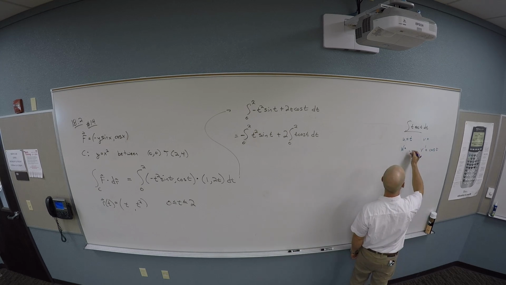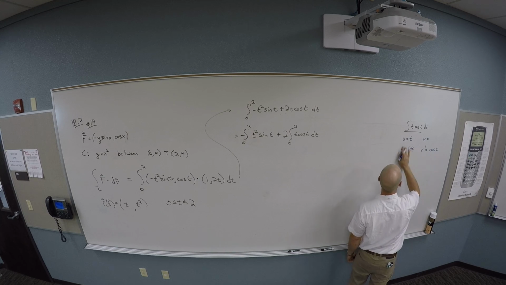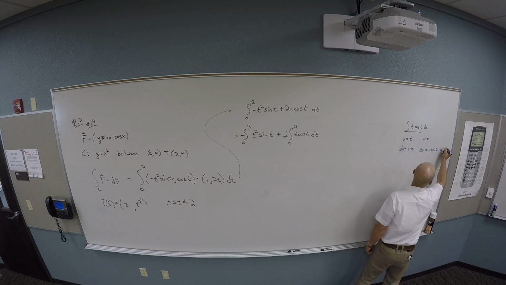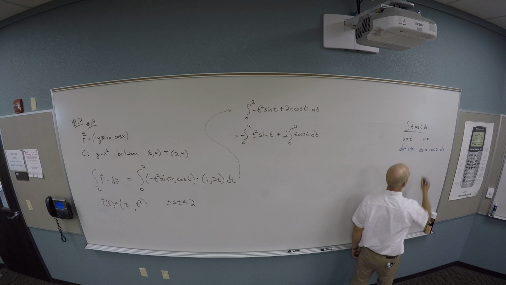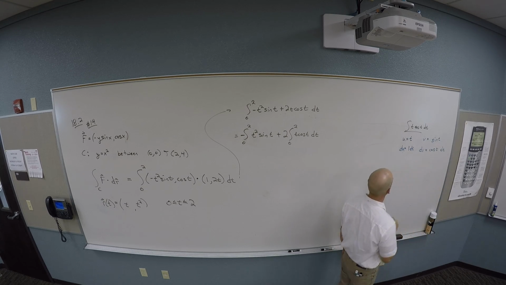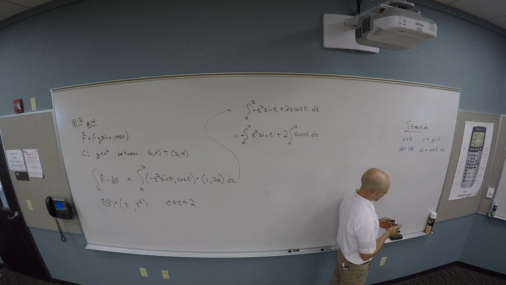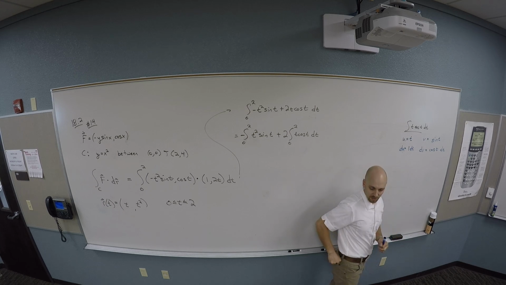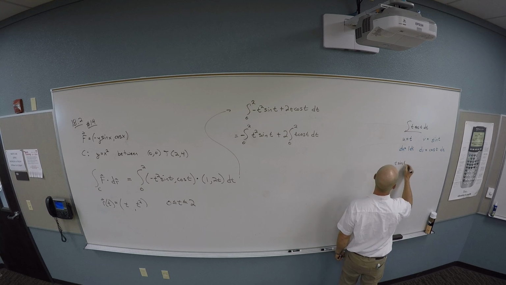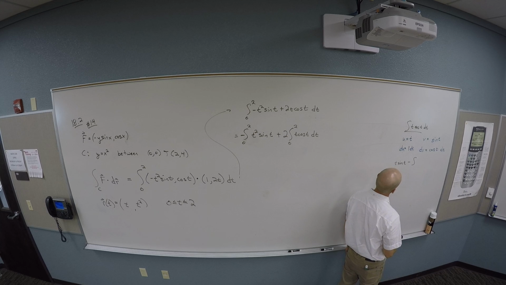So u prime is 1, really du equals dt, and cosine integrates to sine. Then the integral of t cosine t becomes t sine t minus the integral of sine t dt.